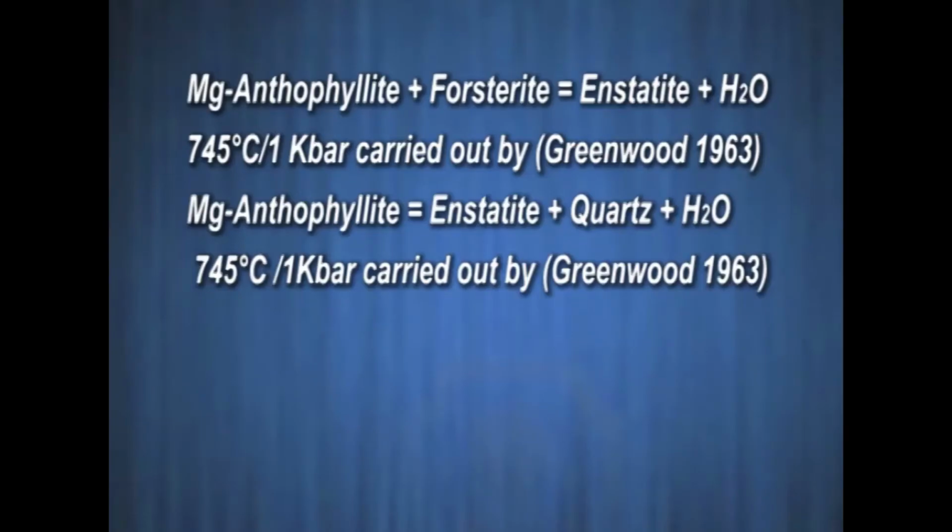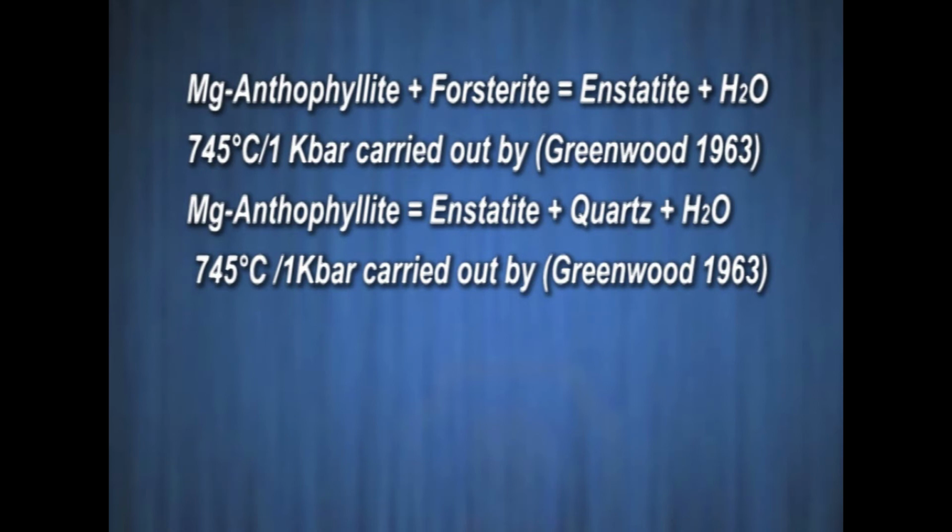Mg anthophyllite plus forsterite give rise to enstatite plus water. This was carried out by Ringwood 1963 at 745 degrees centigrade and 1 kilobar pressure.